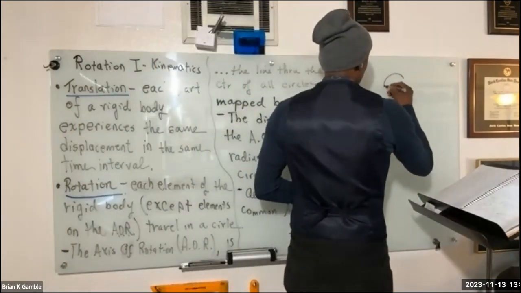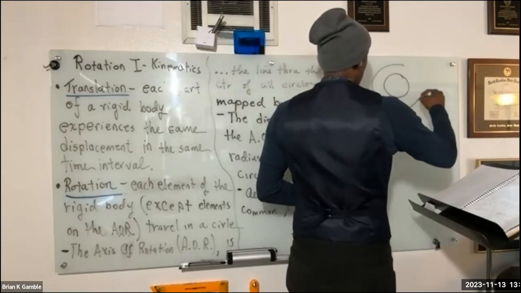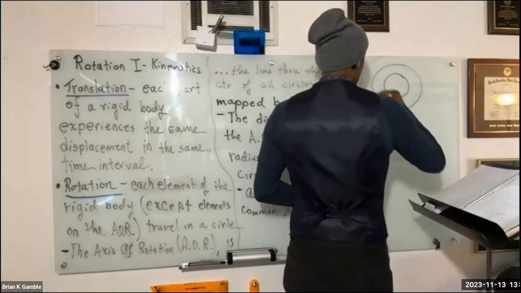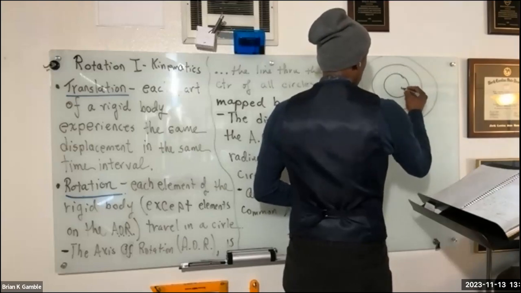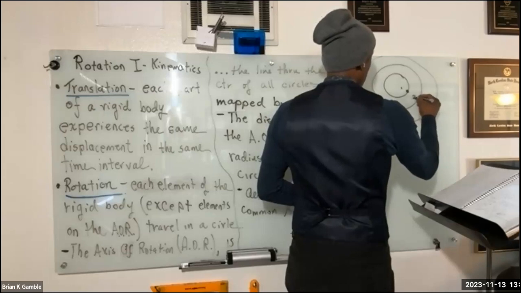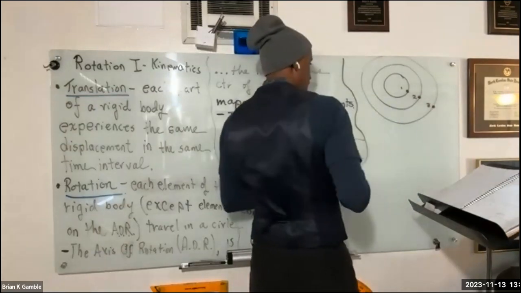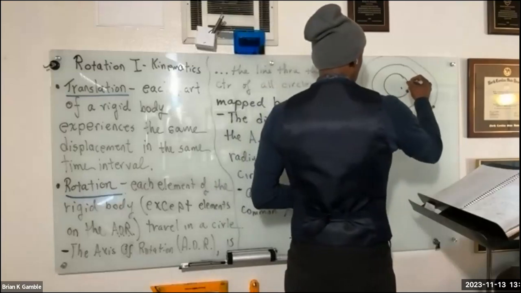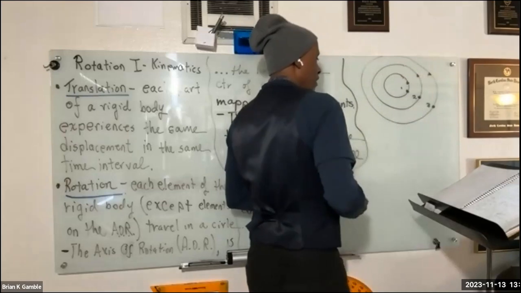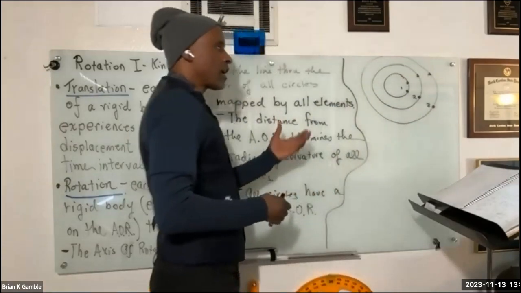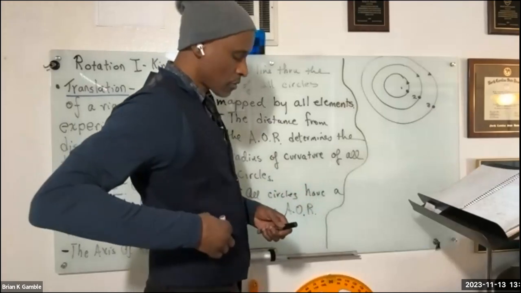One path will have an inner radius like this, then another like this, and then another like this. These are particle 1, particle 2, and particle 3. Let's say their motion is counterclockwise, so they're all going around like that.